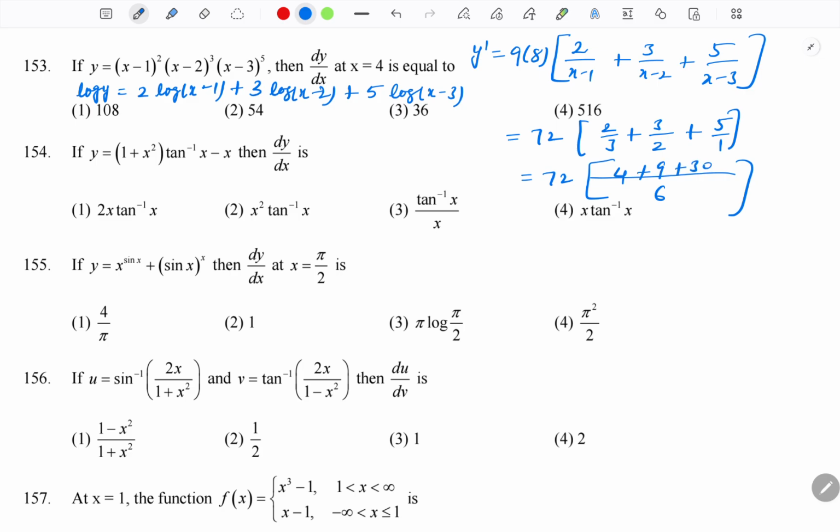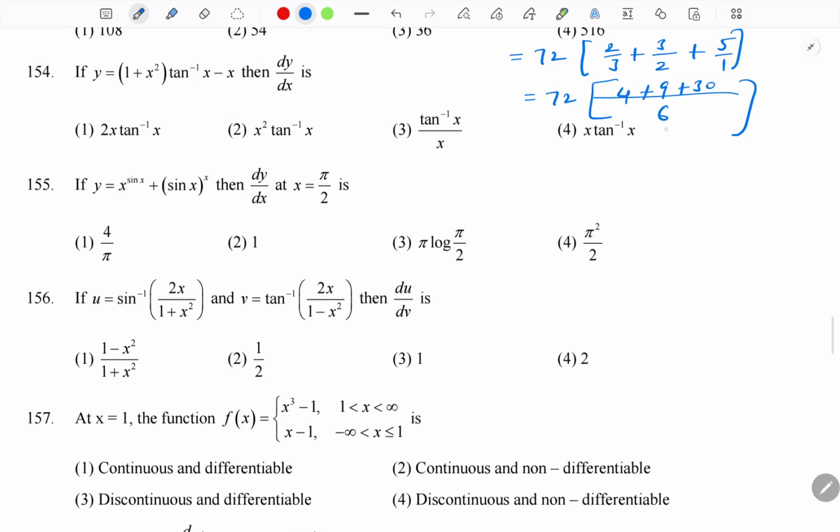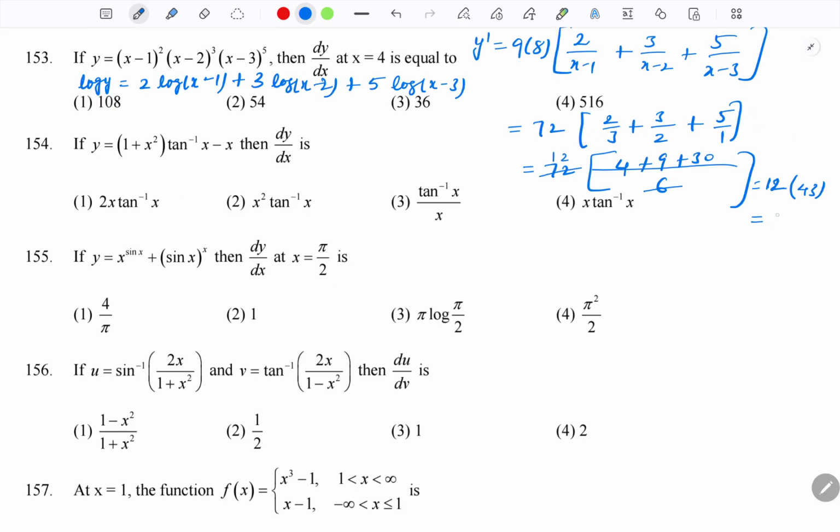The numerator will come 43, and 6 into 12 times it will go. So it's a multiple of 12 times 43. 43 times 12: 43 into 10 is 430, and 43 twice is 86. Adding 86, it's 516. I'll get option number 4.